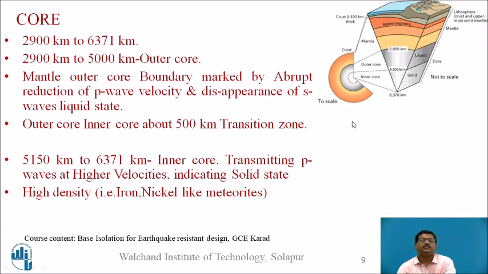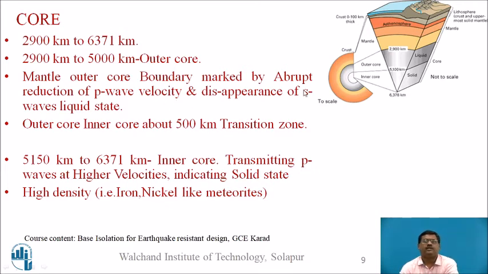Now this is core. The core means 2900 kilometers to 6371. From 2900 to 5000 kilometer, near about 2100 kilometer, is the outer core which contains liquid. It has very hot material, and the temperature is always near about 4000 to 5000 degrees Celsius.